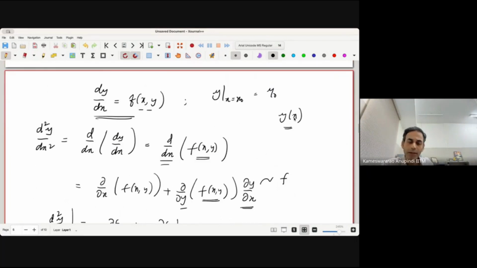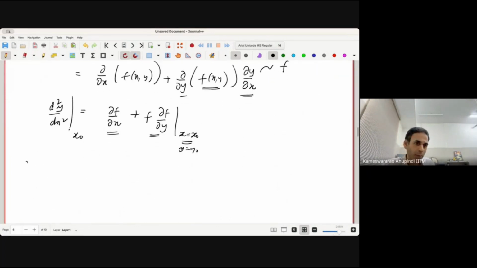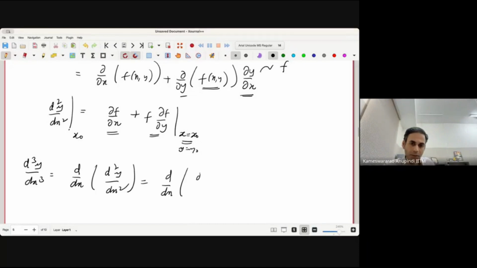Then how do we calculate d cube y by dx cube? Essentially we have to apply a similar chain rule and obtain the remaining term. So this is going to be d by dx of d square y by dx square, which we just derived as partial f partial x plus f times partial f by partial y.